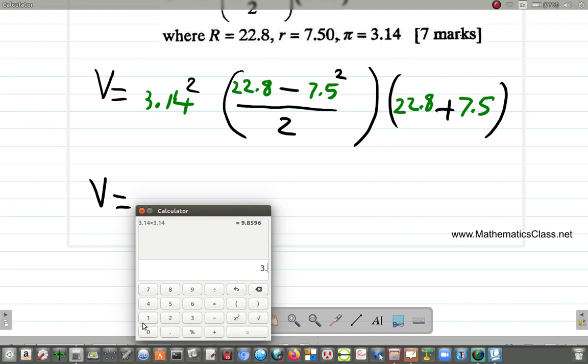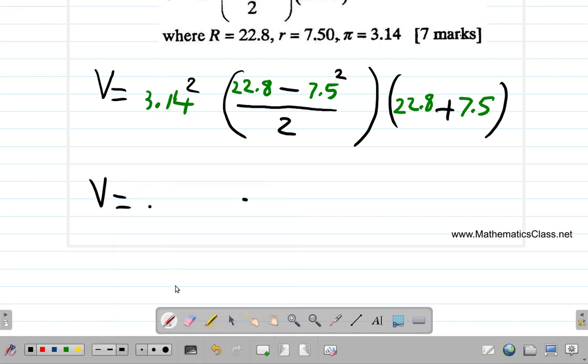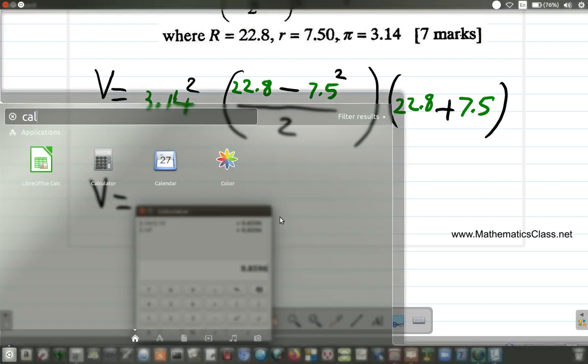Could have said 3.14 squared like this, and I got the same thing, 9.8596. So I have 9.8596. That is multiplied by, and that's going to be 22.8 minus 7.5 squared.